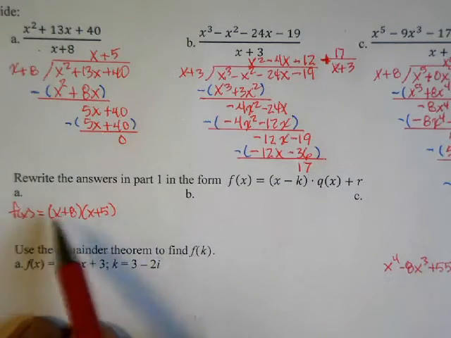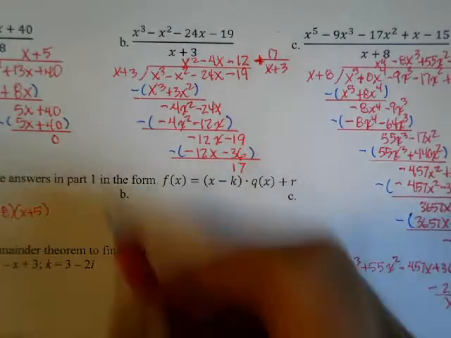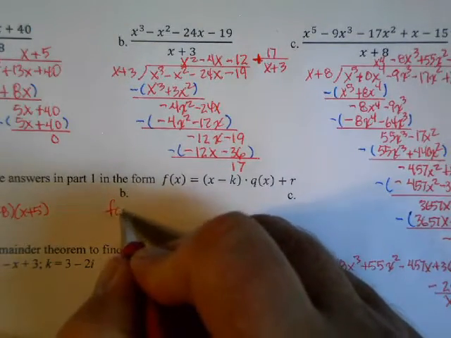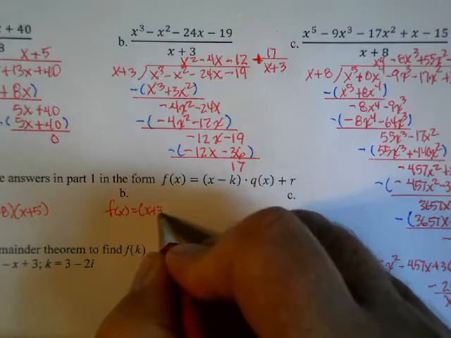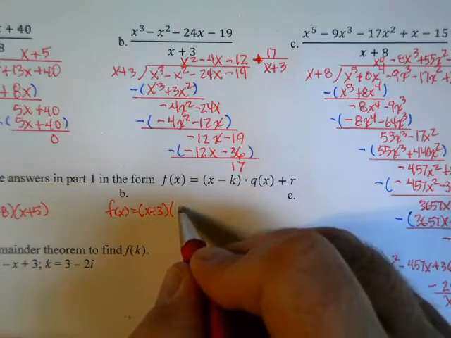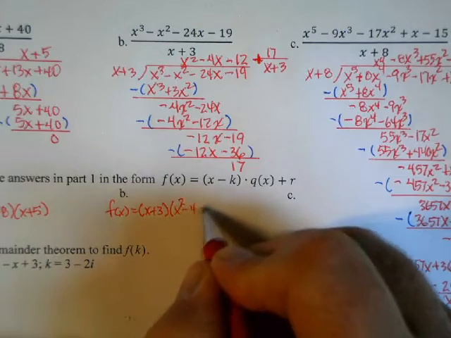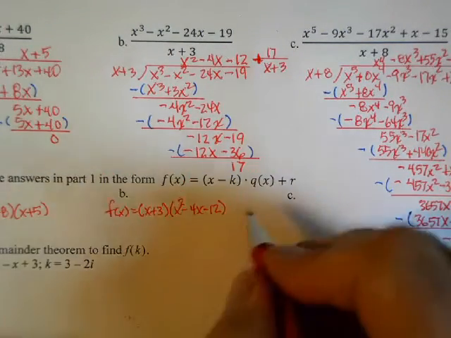For part B, our f of x will equal the x plus 3 times the x squared minus 4x minus 12, and then plus the remainder 17 over x plus 3.